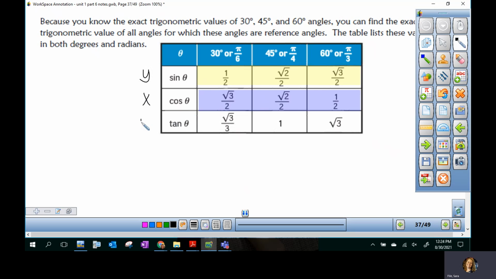Well, if tangent is y divided by x, I can figure out these tangent values. Now, they are listed there, but I want you to see where they come from. So let's say tangent at 30 degrees as an example. Okay, so y divided by x. So that would be 1/2 divided by square root of 3 over 2.